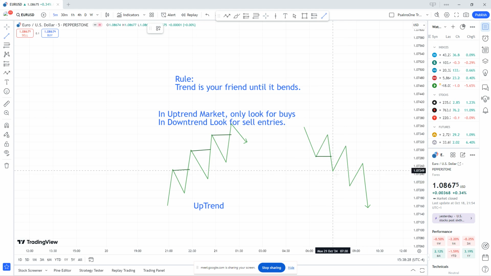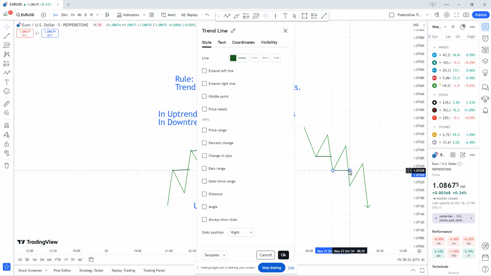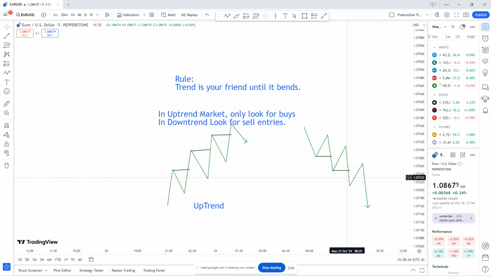I hope we're together, please. All right, it's also broken. So price is breaking down. Price is forming lower highs: this is lower than the previous, this is lower than the previous. This is a downtrend.